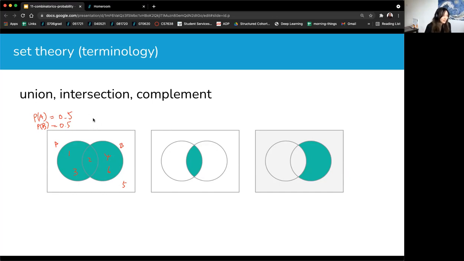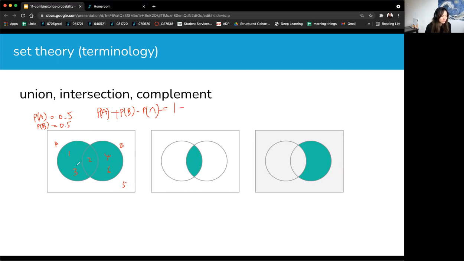So the theorem was basically, to find the probability of the union, you have to subtract the intersect. So it is the probability of A plus the probability of B minus the probability of the intersect, which is 0.5 plus 0.5, so that's 1, minus the intersect.